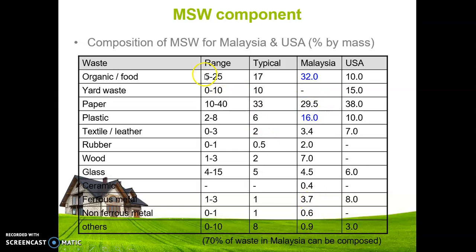So this is the range, actually 5 to 25% of the waste is organic or food. Typically, this is the standard range that we use. So in your calculation later on, normally we will use the typical value. It's important to categorize your waste based on these categories, whether it is organic food, yard waste, paper, plastic.